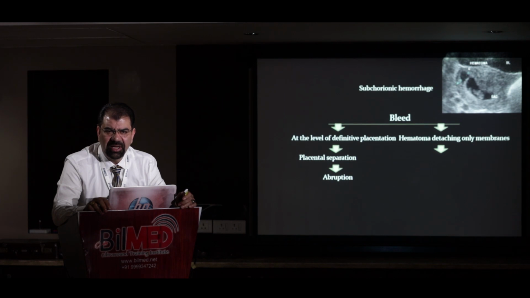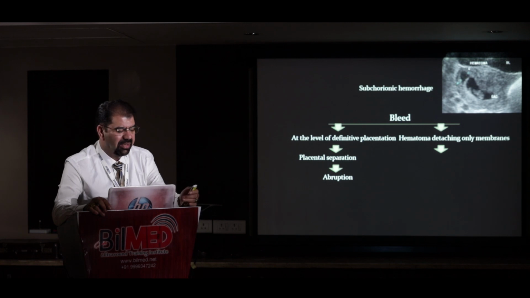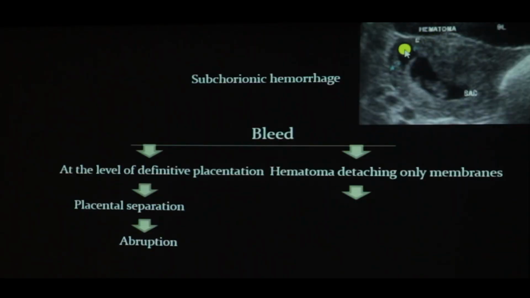I am not seeing a placenta in itself here, but I am seeing a thick decidual reaction, and the thick decidual reaction will give me an idea where the placenta is developing. And now see this bleed over here, this bleed is away from this site. What site is this? A thick decidual reaction, which is the site of placentation.